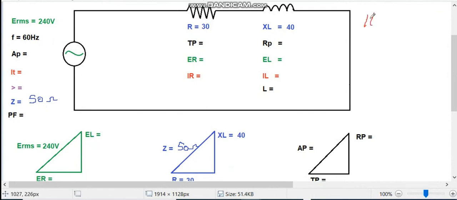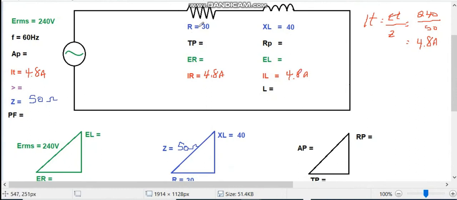So my IT would equal my ET over my Z. And so it's 240 over 50 ohms, and that'll give me 4.8 amps. All right, so far so good.